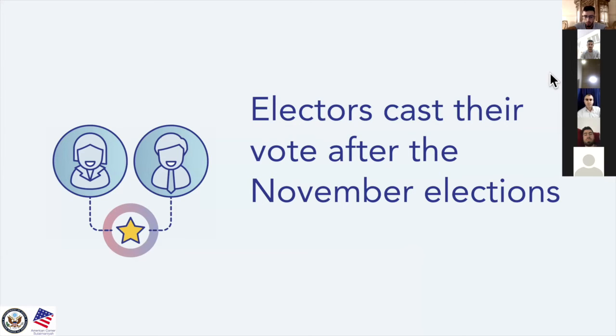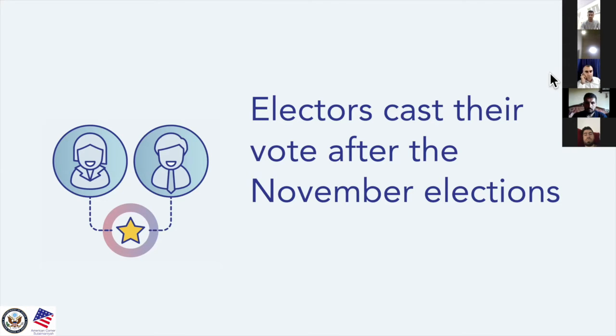They meet in state capitals, or in the case of Washington, D.C., they just meet somewhere in D.C., and they vote. And then they mail those votes to Congress. And in January, the president of the Senate, who is the vice president, will tabulate those votes in front of a joint session of Congress, and will announce who was elected president and vice president.